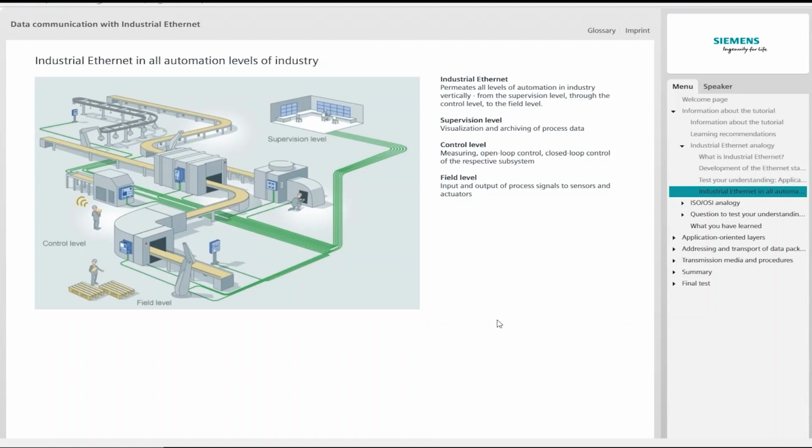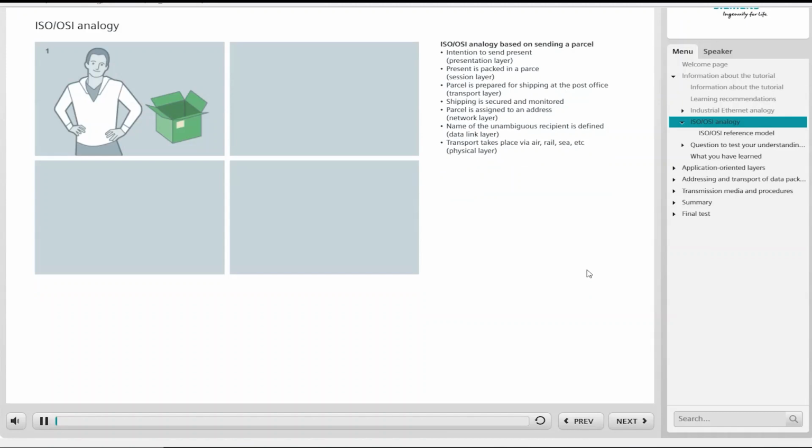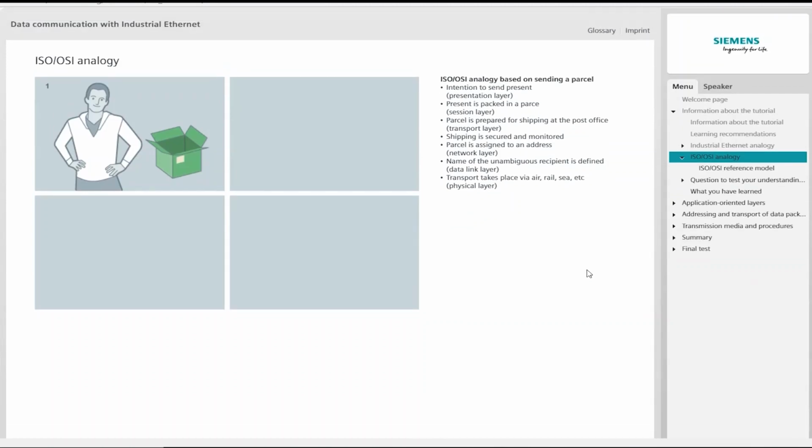Why is vertical communication across all levels necessary with industrial Ethernet? An integrated network across all levels of automation enables processes and procedures to be optimized and supports a flexible response to changes. At the control level, open-loop and closed-loop control of processes is performed. The signals from the field level are collected and centrally processed.